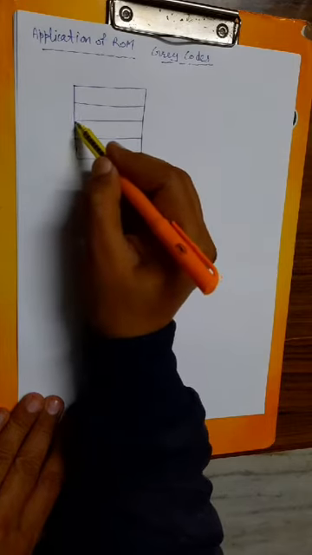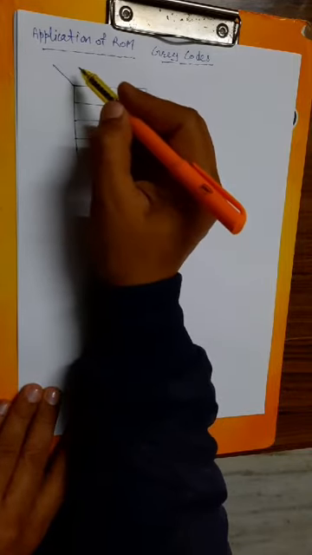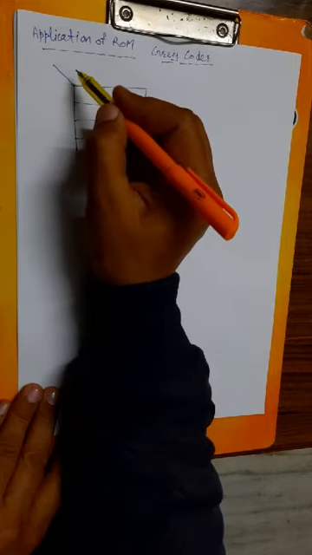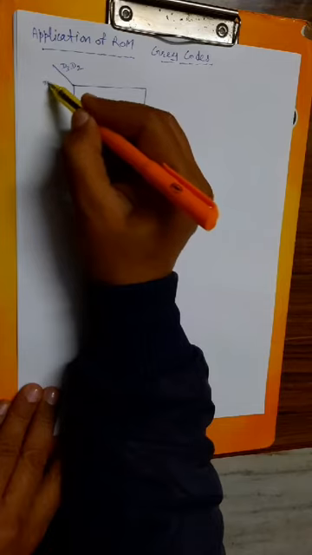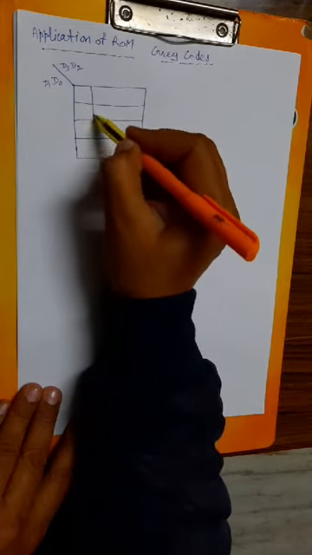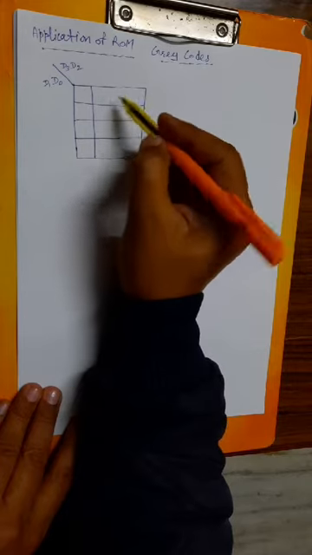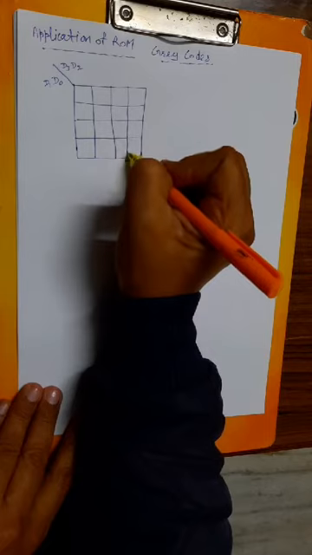For four variable gray code we are considering D3, D2, D1, D0.